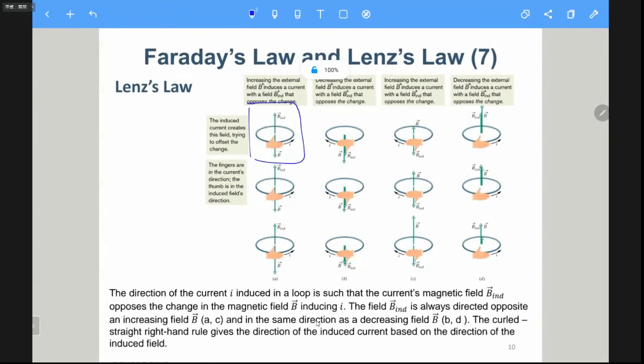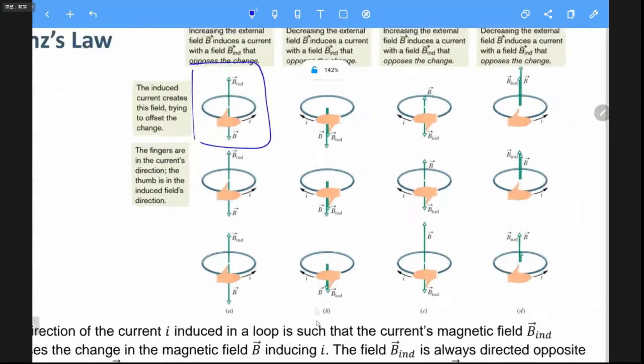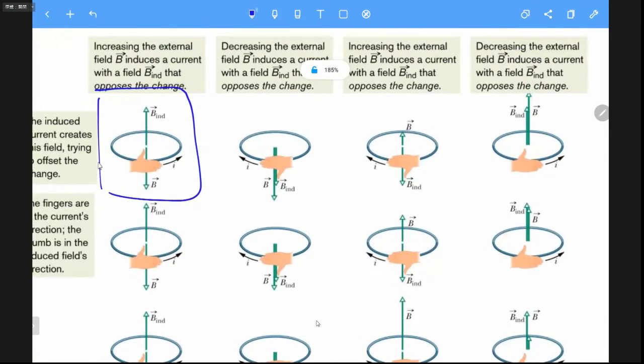The direction of the current induced in a loop is such that the induced magnetic field B induced opposes the change of the magnetic field B inducing it. So here, B is the external field generated by something else, maybe a magnetic bar or maybe a magnetic dipole.